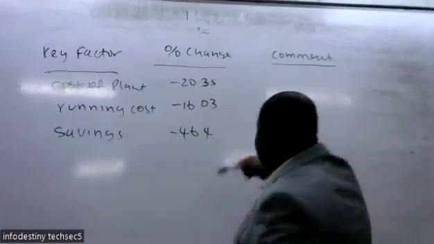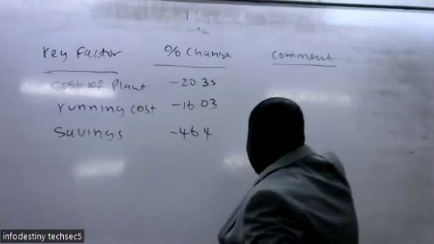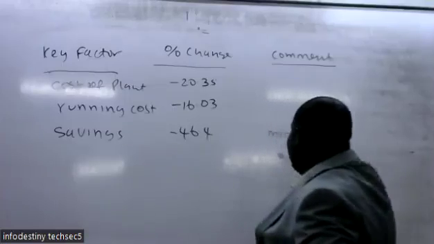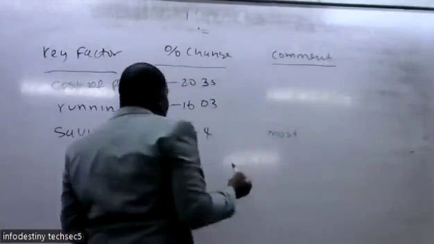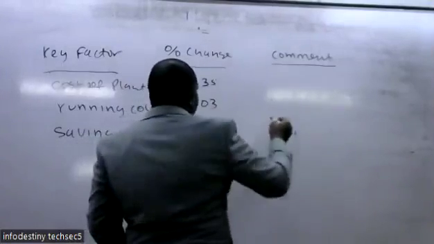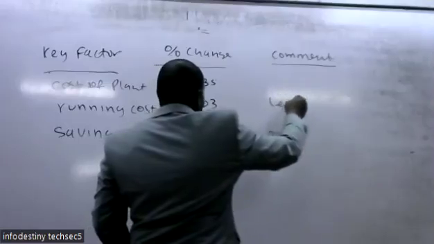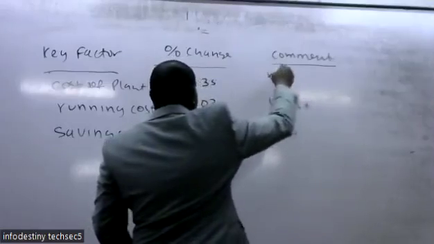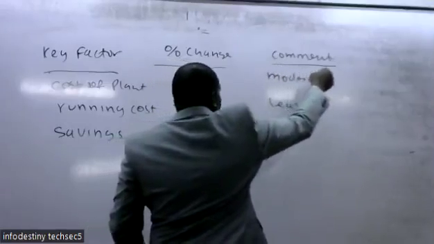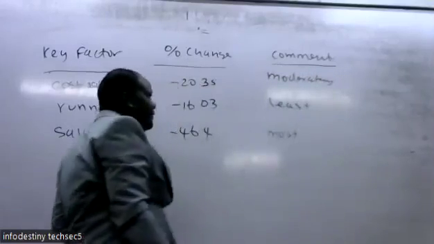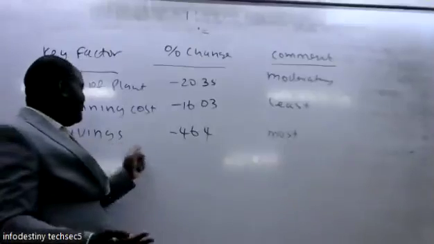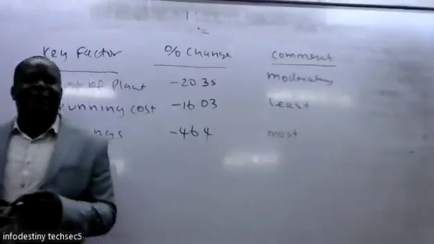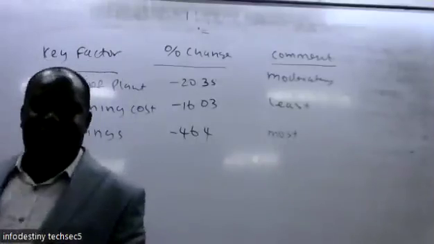So this one is the most sensitive. This one will be the least. This one is moderately sensitive. Because the question only wanted the most sensitive, just pick anything to do with the revenue.